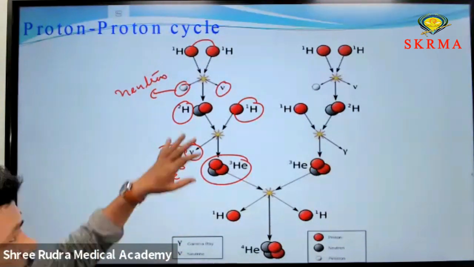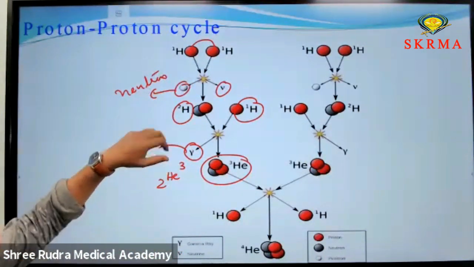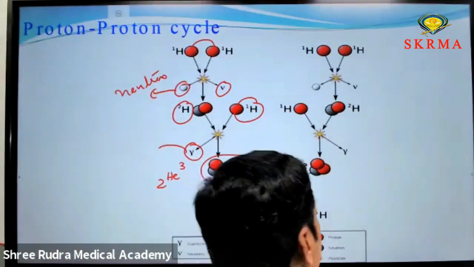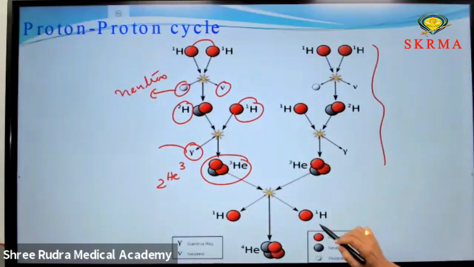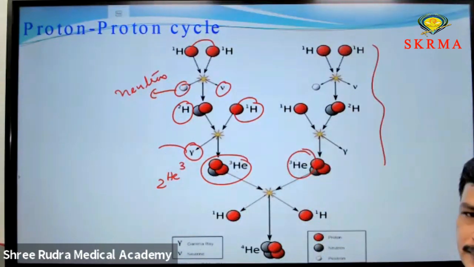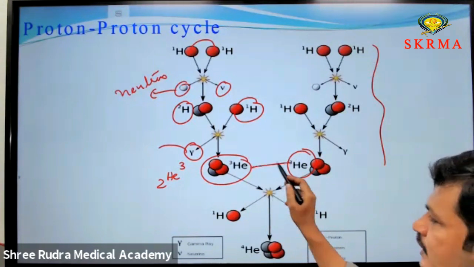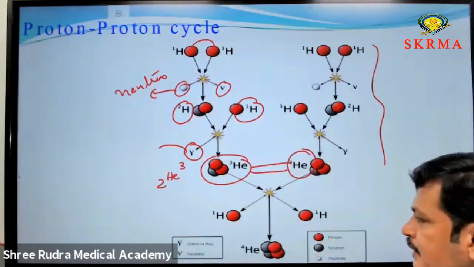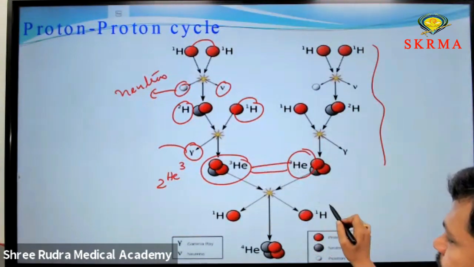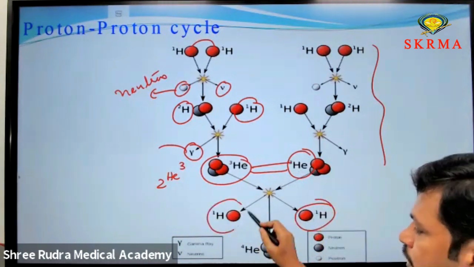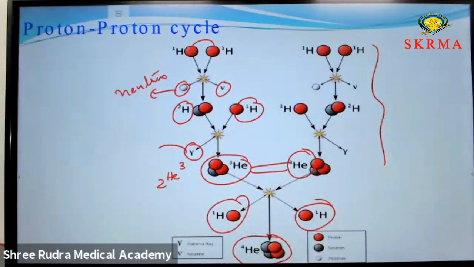In this case, the same process occurs twice. Here also 2He3 is formed, and these 2He3 and 2He3 combine and react and produce a proton again and helium again. Here also the final product is helium. The basic reaction is the same.